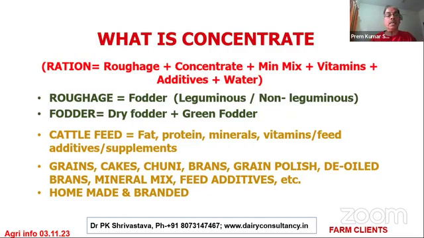Now we are discussing cattle feed: fat, protein, minerals, vitamins, feed additives, supplements, and how these are made from grains, cakes, chuni, bran, rice polish, de-oiled rice bran, mineral mixture, and feed additives.